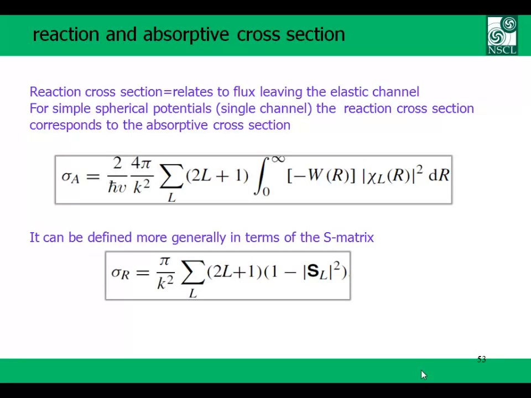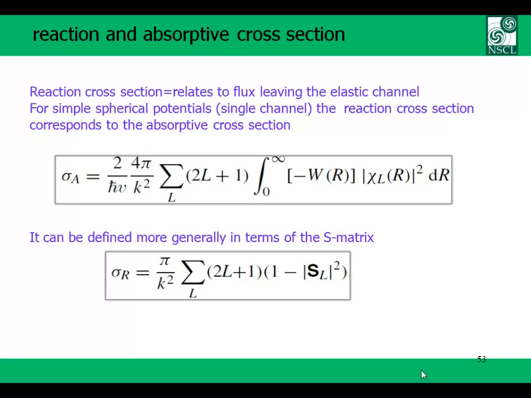In any general case, you can calculate both the reaction and the absorption cross-section in the way they're defined. Now, the reaction cross-section, I know I discussed this earlier with Jeff. I know Jeff introduced this concept. Mod S_L squared is the probability of the thing coming out, being detected. 1 minus mod S squared is the thing being absorbed, right?